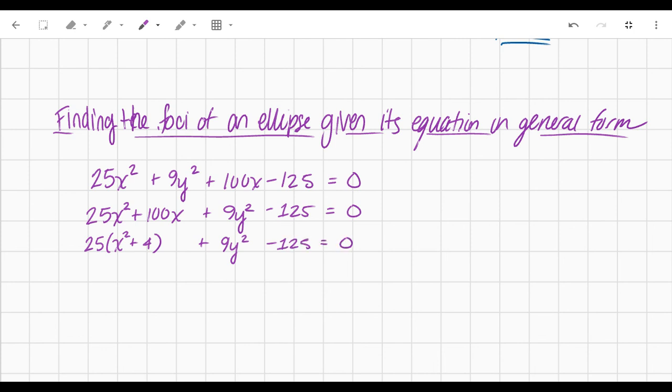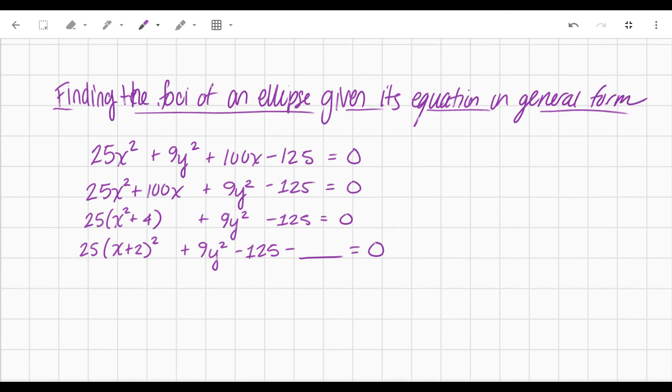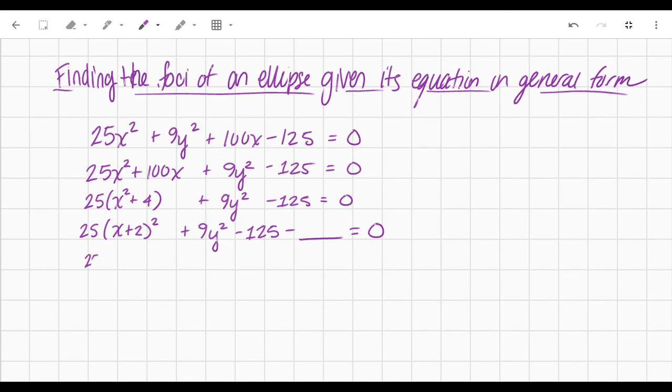Okay, we complete the square, but again, only with the x terms. That means that we just added in an extra value that we're going to cancel out over here. Okay, so we're going to check that. It'd be 25x squared plus 100x plus 100.